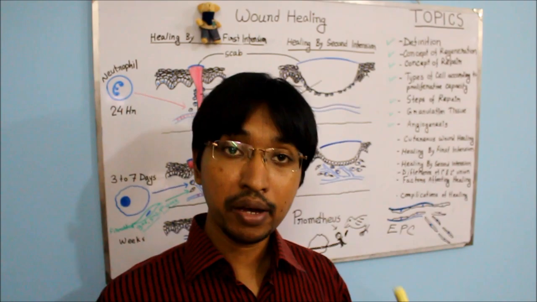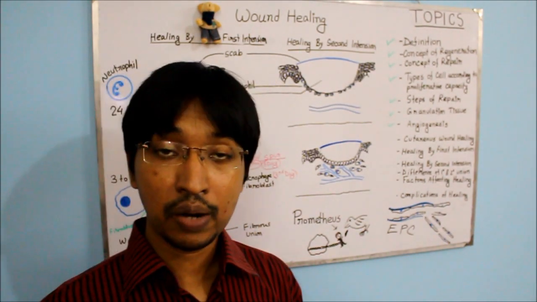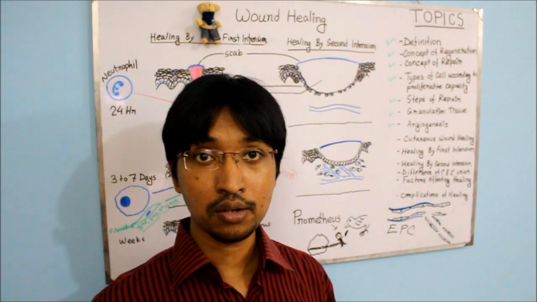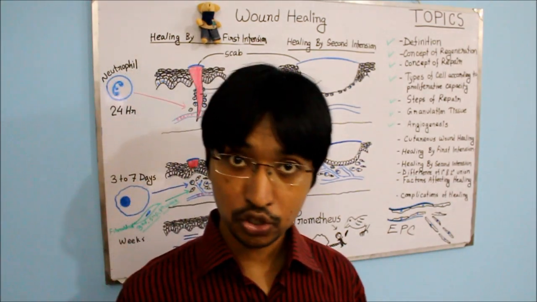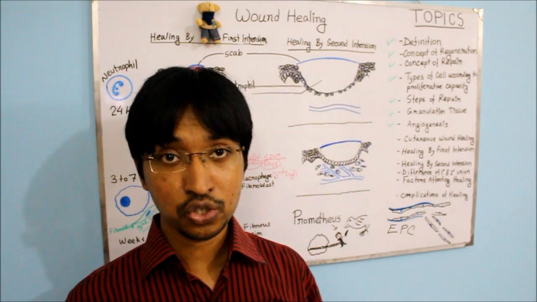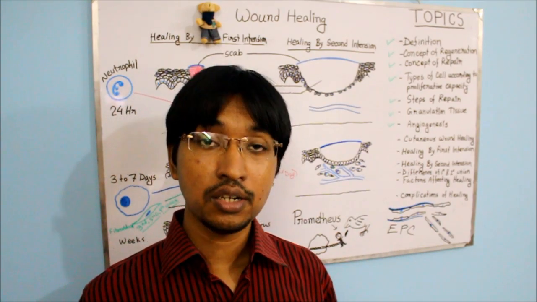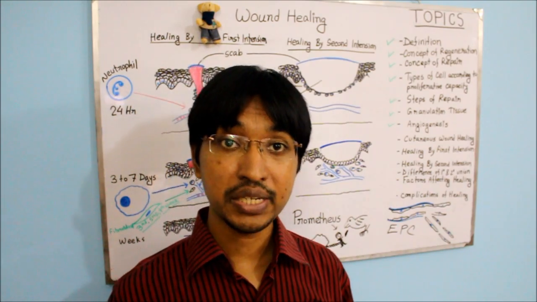And you also have to remember that fibroblast proliferation and fibroblast migration that I had just mentioned a while ago also depends on a lot of growth factors. Those growth factors include cytokines, platelet-derived growth factor, which is also called PDGF.